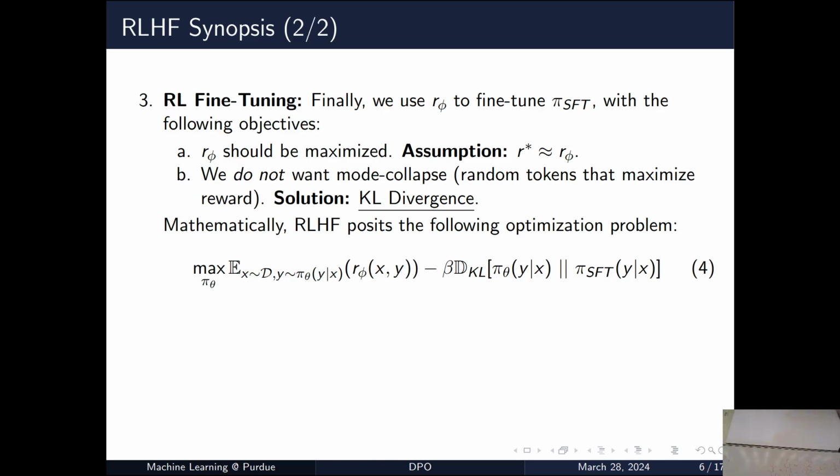Okay, let's go through this. We have the equation. I'm not going to walk through so much again. Let's just say we have the expectation of R sub phi x comma y, and then this is subtracted by the KL divergence between the response from pi theta and pi SFT, given x.